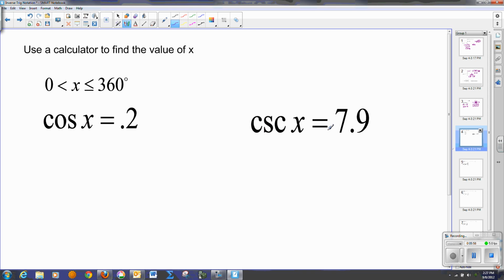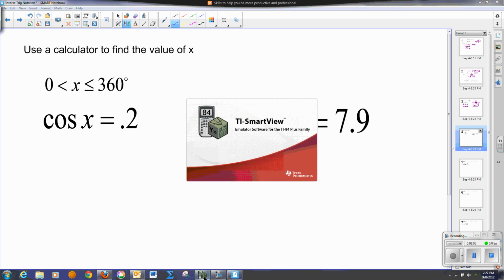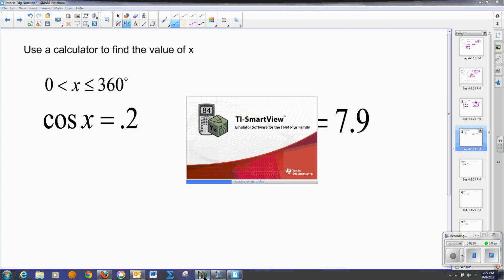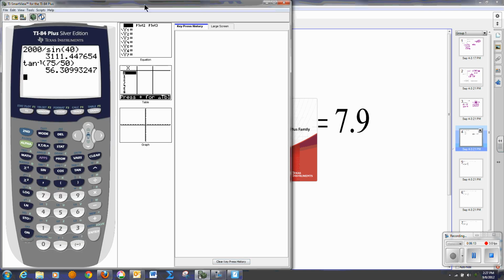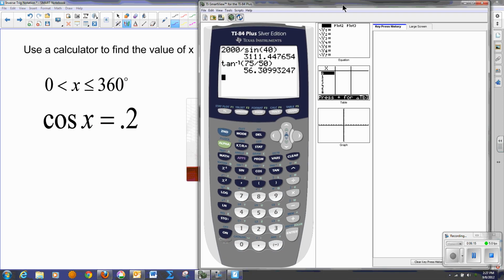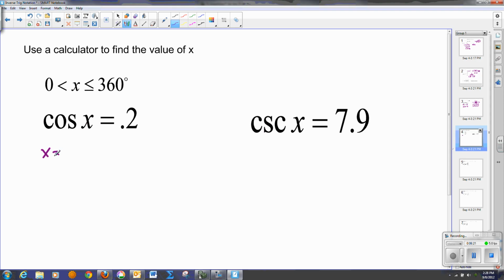Okay, now we're going to use a calculator to solve the next two problems. So we'll fire that up, and while we're waiting, we'll put that problem into inverse notation. So basically what I'm asking is x equals the inverse cosine of 0.2.